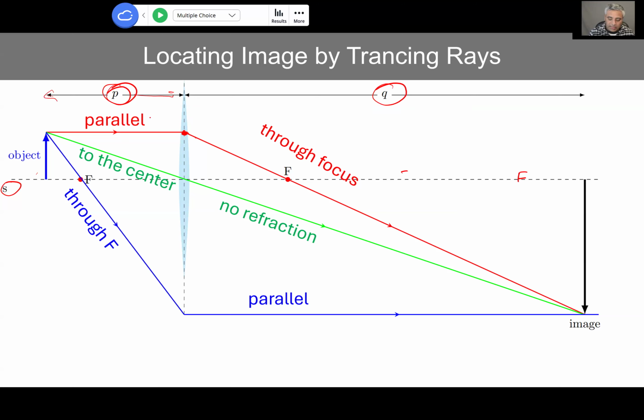We are denoting object distance by P and image distance by Q. Some may denote this by DO, but I don't usually like to write a subscript whenever I don't have to, so that's why I'm not writing one here. Many people and textbooks use P for the object distance and Q for the image distance, and that's what I'm using here.